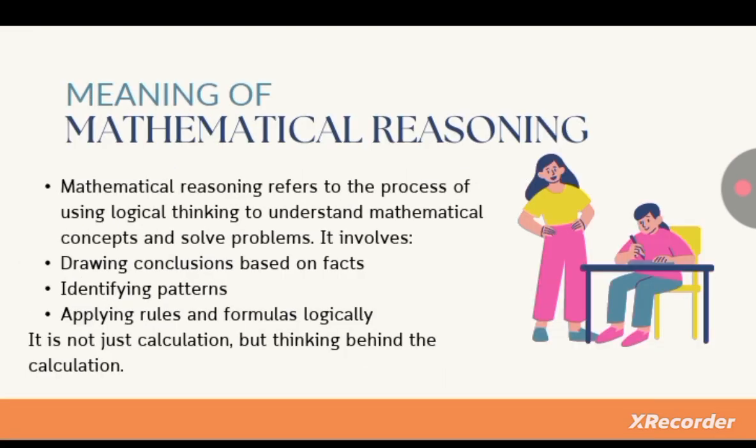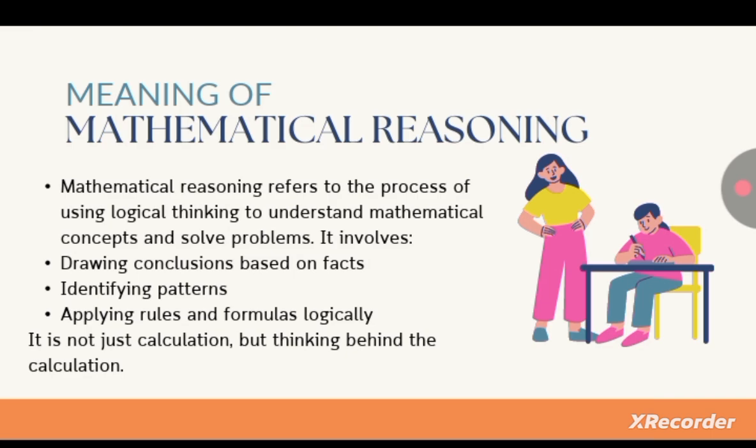Next, let's try to understand what exactly is the meaning of mathematical reasoning. Mathematical reasoning refers to the process of using logical thinking to understand mathematical concepts and solve problems. It involves drawing conclusions based on facts, identifying patterns, and applying rules and formulas logically.